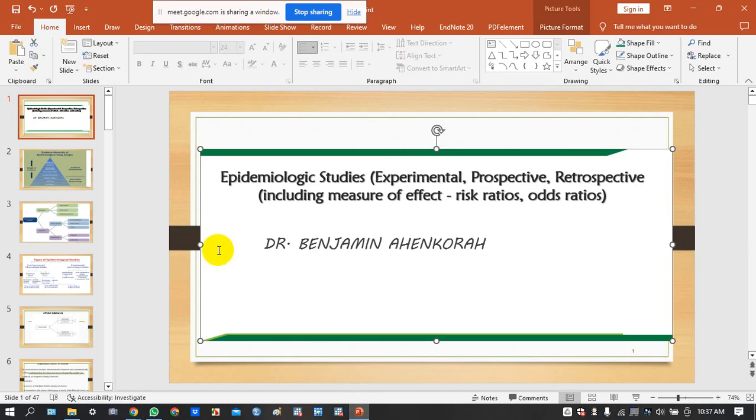When we say epidemiology, it's just used to define the dynamics of a disease. Some people will say epidemiology is a subset of public health; some also say public health is a subset of epidemiology. Whichever way, we shouldn't confuse each other.